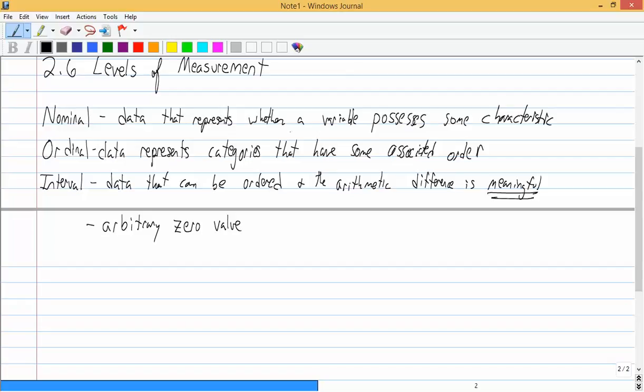Now, that brings us to, I guess you could say, the most complex level of measurement, and that would be the ratio level of measurement. All right. Ratio data is similar to interval data, except that it has a meaningful 0 point.